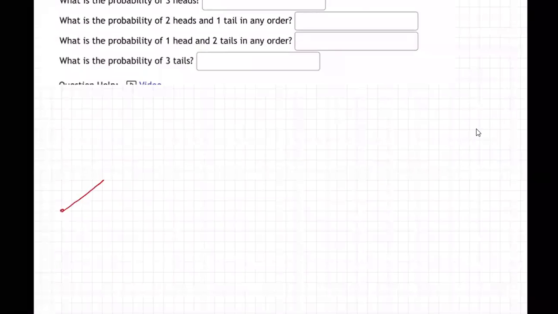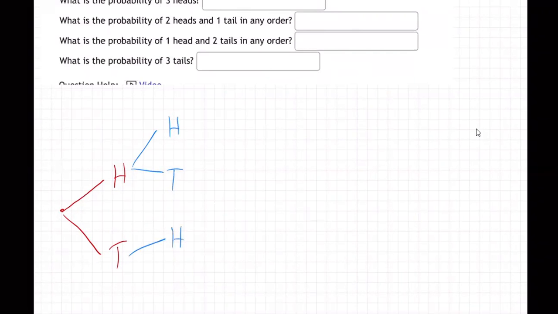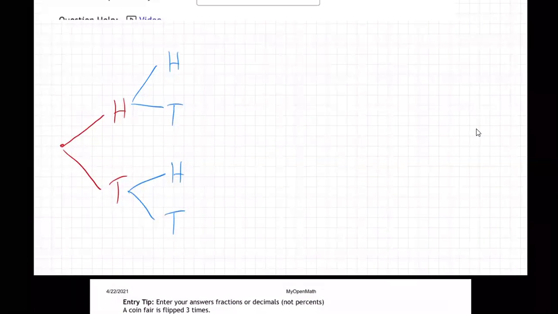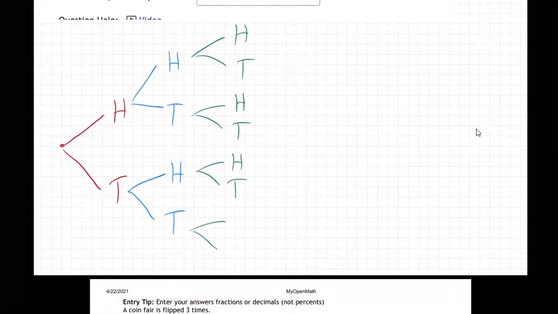So we're going to go heads on the first flip, or tails on the first flip. Second flip is heads or tails, heads or tails. And then the third flip comes after that, heads or tails, heads or tails, heads or tails, heads or tails.